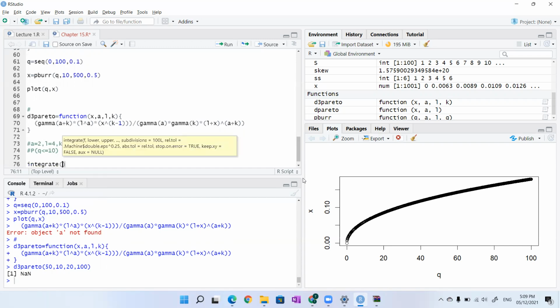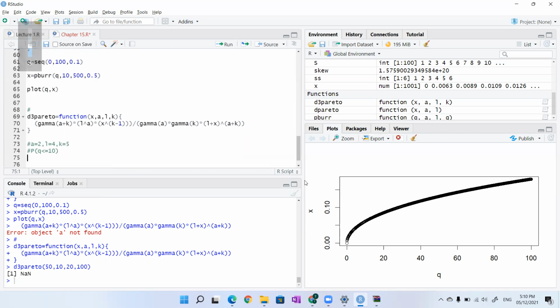It would be the integration of the D3 Pareto with respect to x, from 0 to 10.